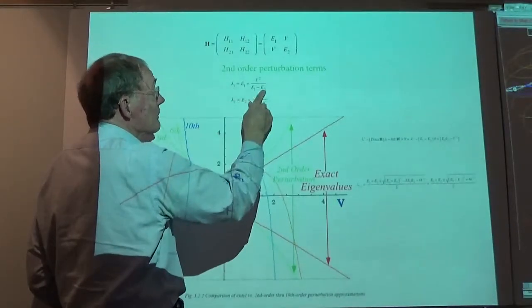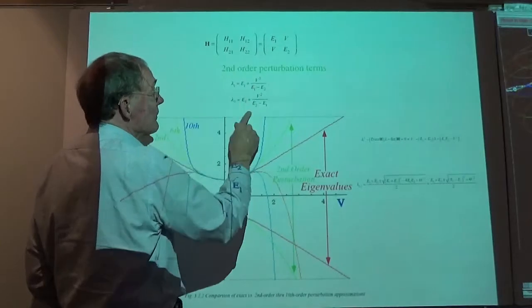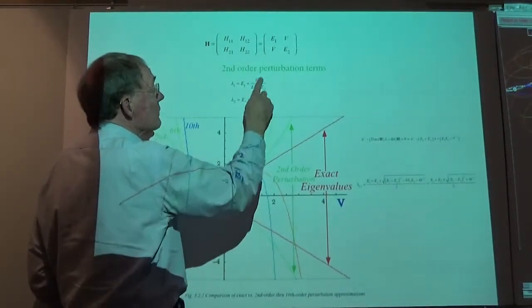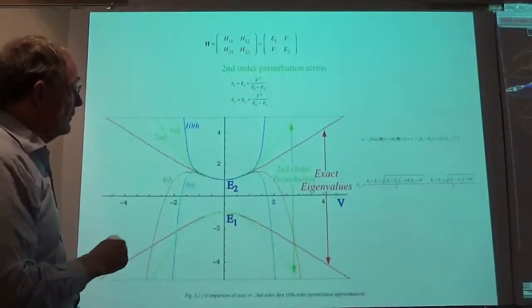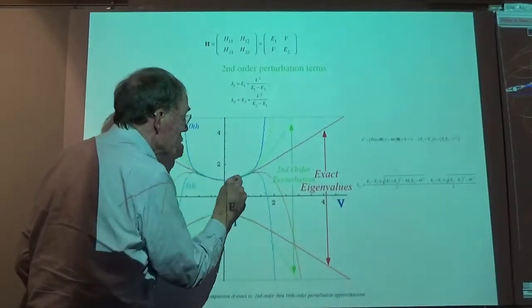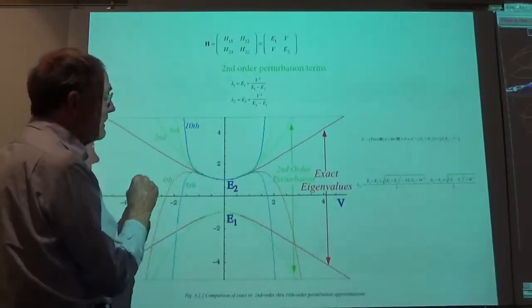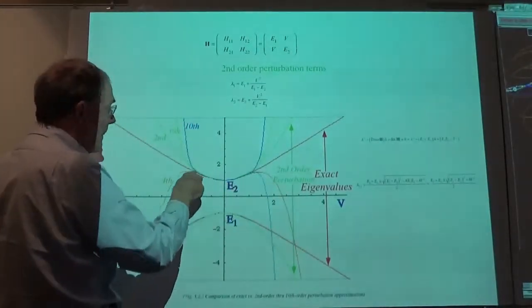In this case, E1 minus E2, whatever energy you're talking about is first. And then down here, energy 2 is first. So one goes up, the other goes down because one of those is positive, the other is negative. So that takes care of the beginning of the hyperbola, a second order perturbation that we're doing, which is a parabola.